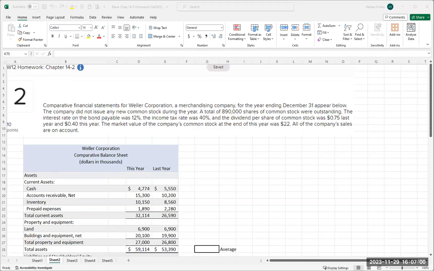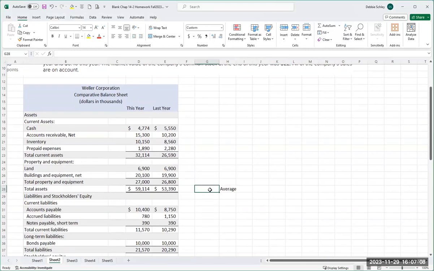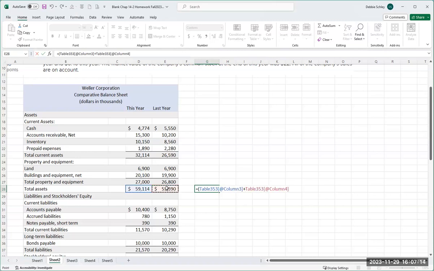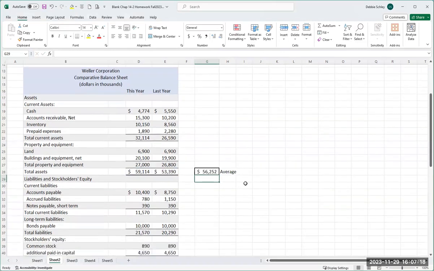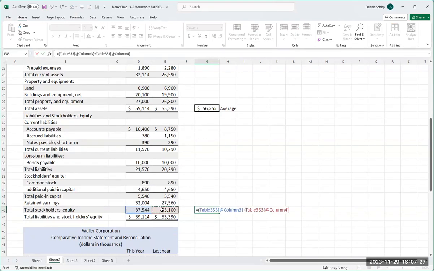All right, so I am going to figure out my average total assets again, equals parentheses this year plus last year, close parentheses, divide by 2, and my average total stockholders' equity equals parentheses this year plus last year, close parentheses, divide by 2.